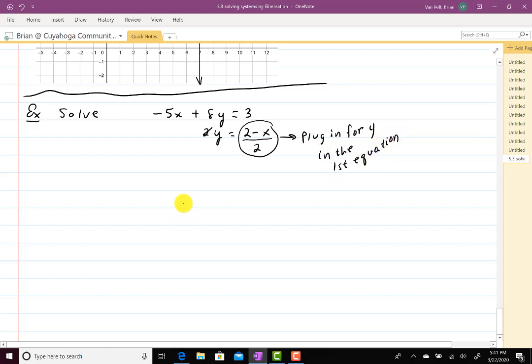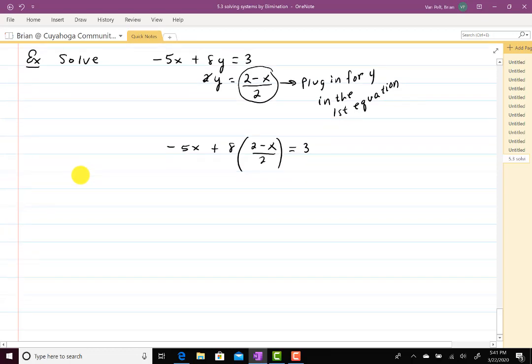So, let me see what my first equation becomes. Negative 5x plus 8 times (2 minus x) over 2 equals 3. And so let's see if we can figure out what x is going to equal from this. Notice that I can cancel this 2 into the 8. So that's nice. I get negative 5x plus, now don't forget to multiply the 4 through.